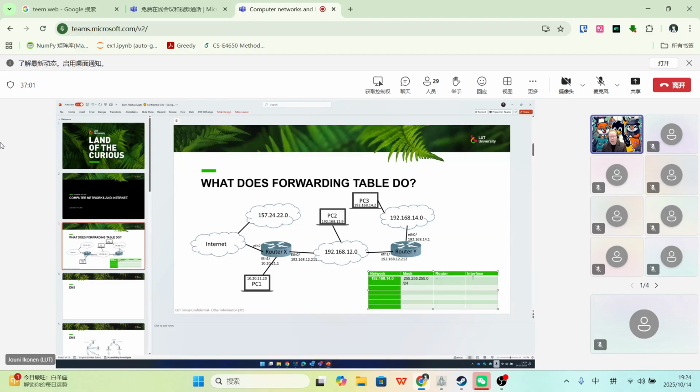And which outgoing interface are we going to use to access this network from router Y? Which is the outgoing door for router Y, so where does the packet have to go so it can reach this network?